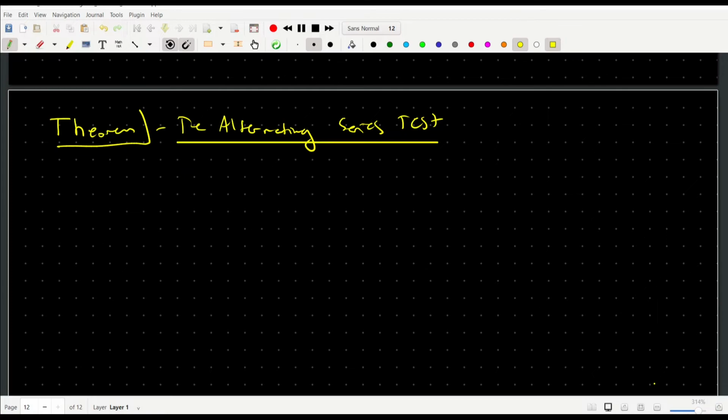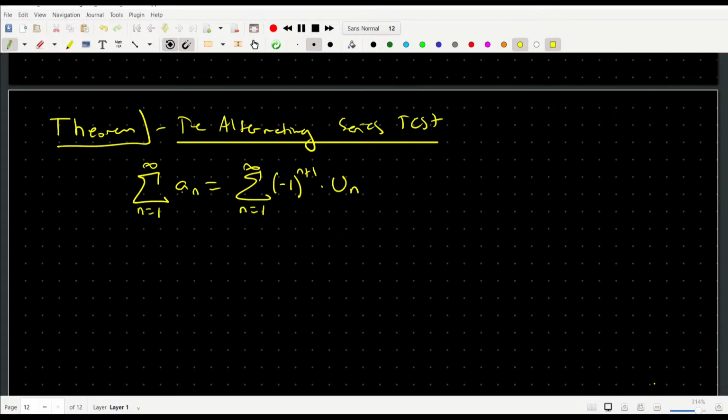And this says the following. It says that if we have an alternating series, so a series of the form starting at, say, n equals 1 to infinity, where the terms a_n are going to be alternating between positive and negative, say (-1)^(n+1) times u_n.